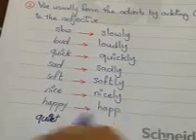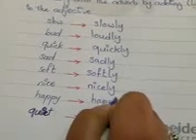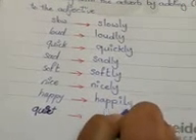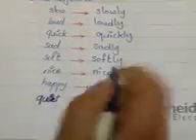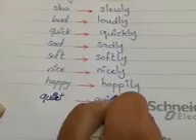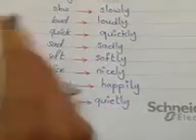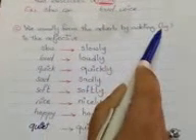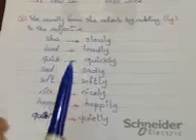But now we are going to cancel the y and add i before ly. Happily, and quietly. So we form the adverb by adding ly to the adjective.